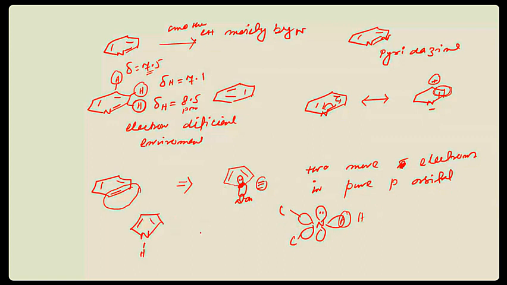So if I summarize what we can do: if we replace one CH by nitrogen, which type of nitrogen?